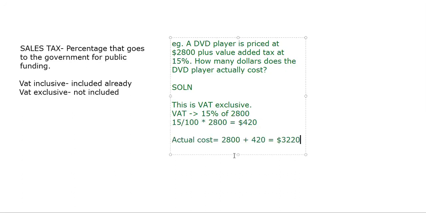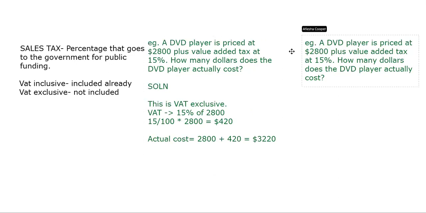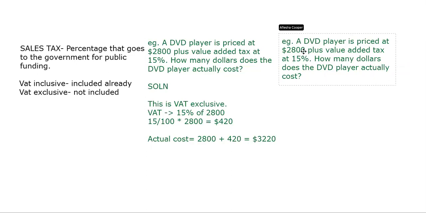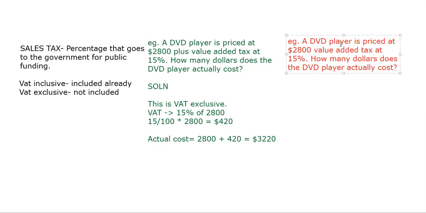So if we were to use the same question and do it in a way where the VAT was inclusive: a DVD player is priced at $2,800, value added tax included at 15%.